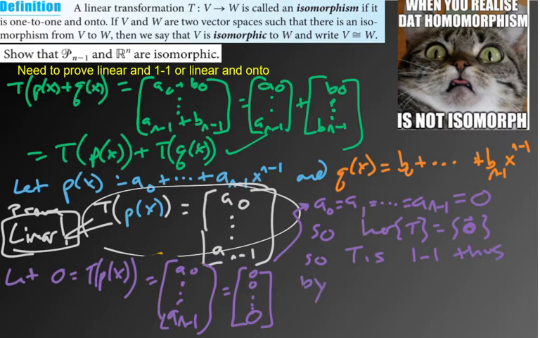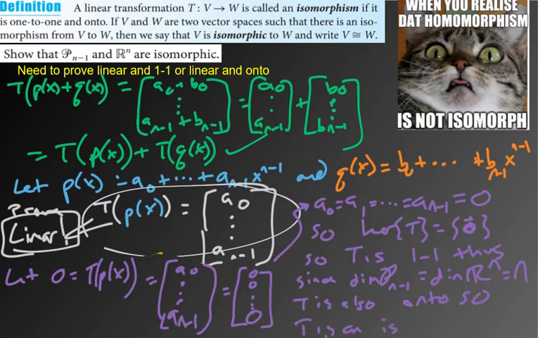Thus, by that theorem I wrote before, since the dimension of V, I'll just use what they really are, the dimension of P n minus 1 equals the dimension of R n, both equal n, T is also onto, so T is an isomorphism.